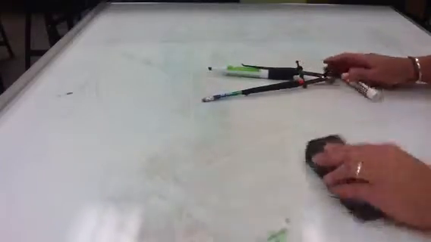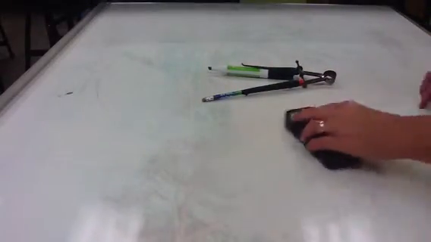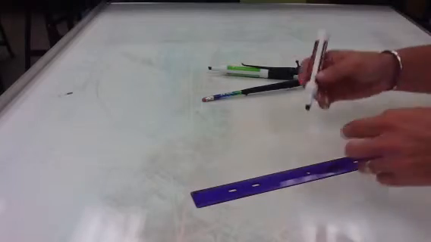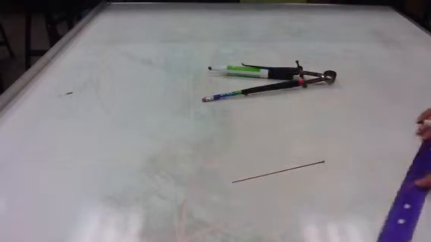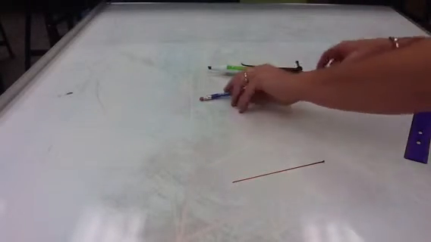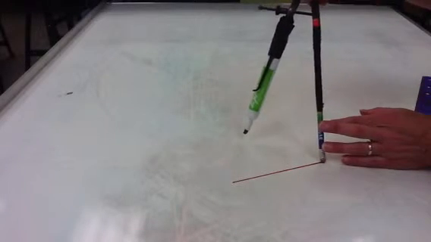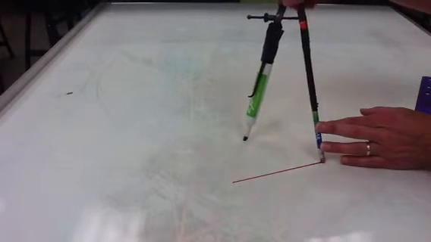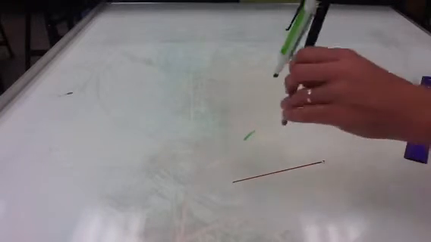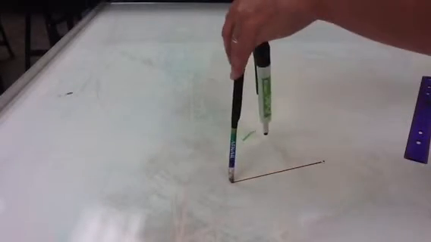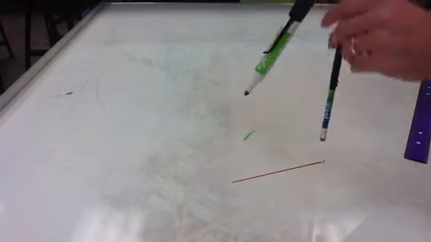Okay, so let's do a couple of perpendicular bisectors so you can get the procedure down. There's a line segment. To get the perpendicular bisector, put the sharp end of your compass on one end.